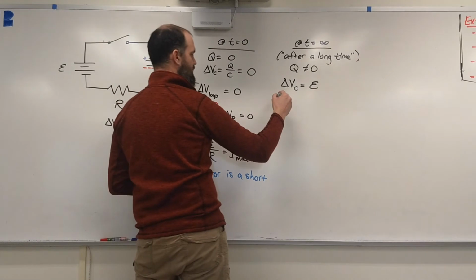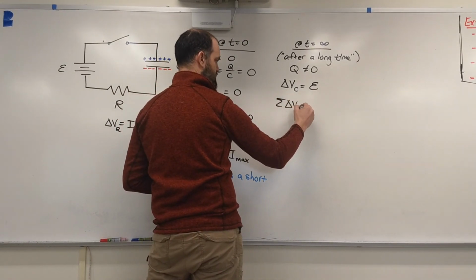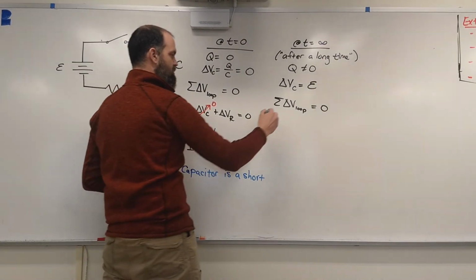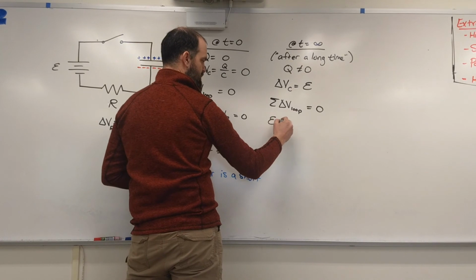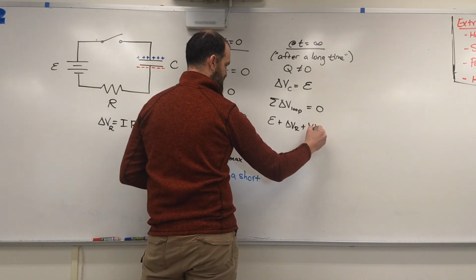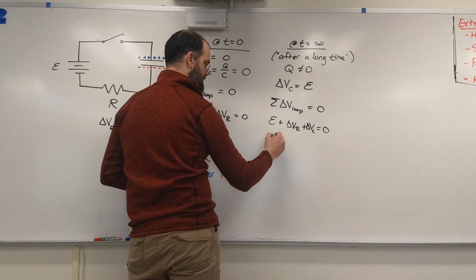And so if we take a look at our loop, sum our potentials around a loop, and set that equal to 0, that's Kirchhoff's loop rule, then what we get is that the EMF plus the potential across the resistor plus the potential across the capacitor must be equal to 0.